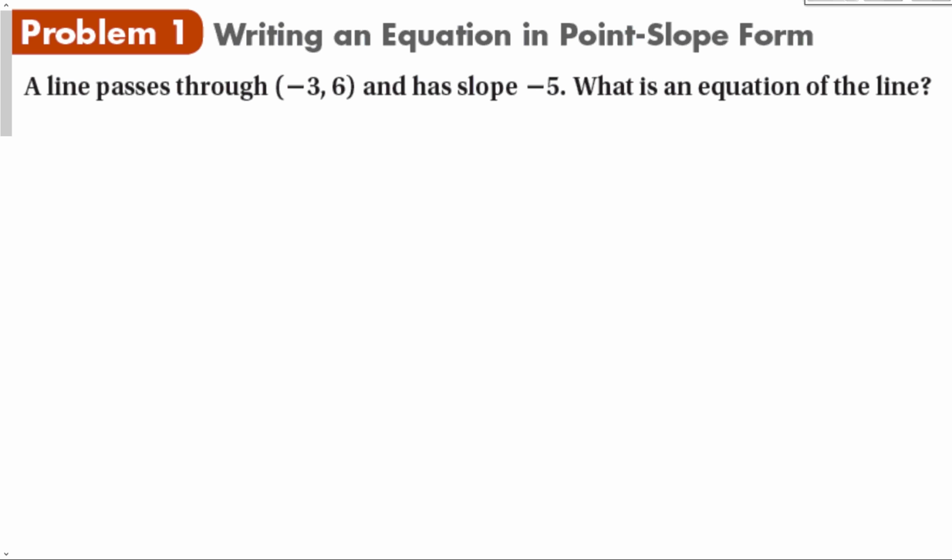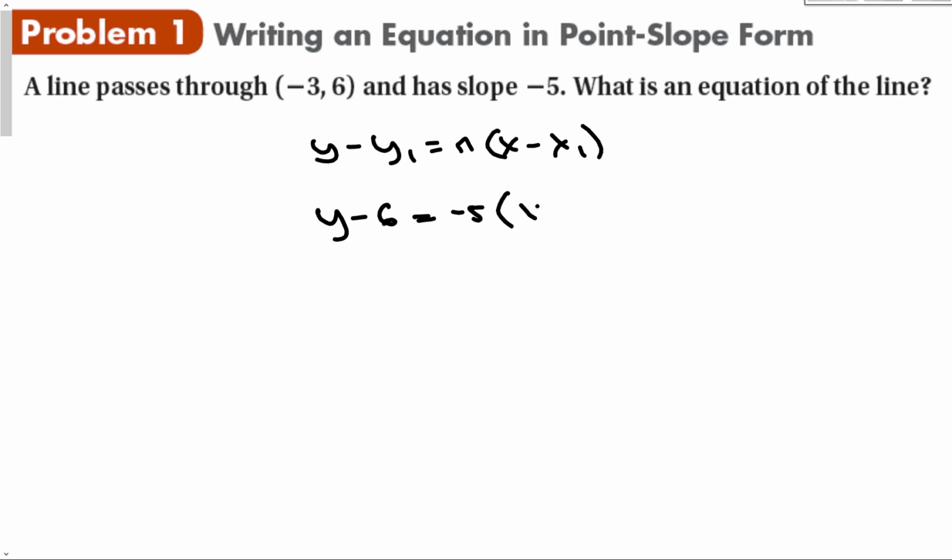Okay, so let's try to use this formula now. A line passes through negative 3, 6, and has a slope of negative 5. What is the equation of this line? My equation is y minus y1 is equal to m times x minus x1. Plugging in my numbers, I have y minus 6 is equal to the slope, negative 5, times x minus negative 3.